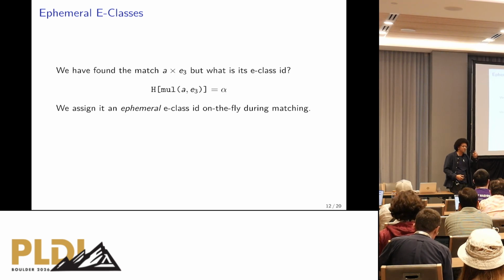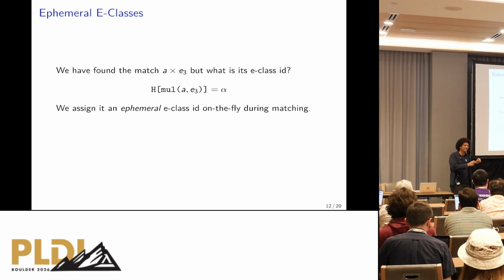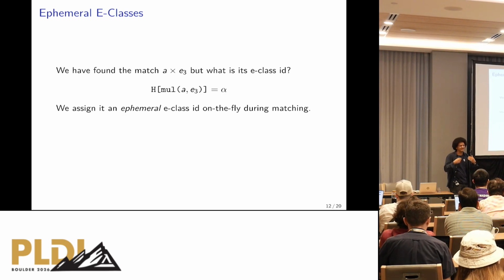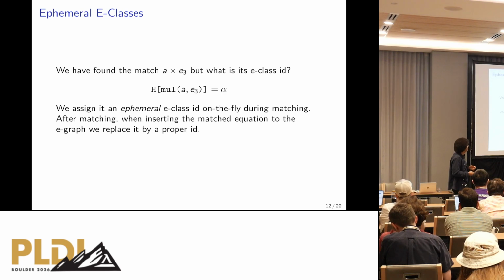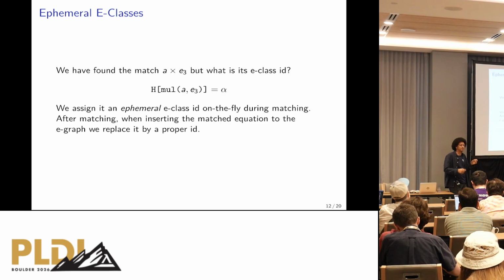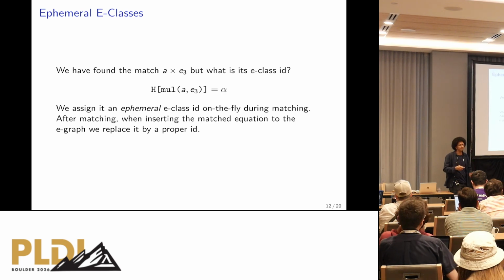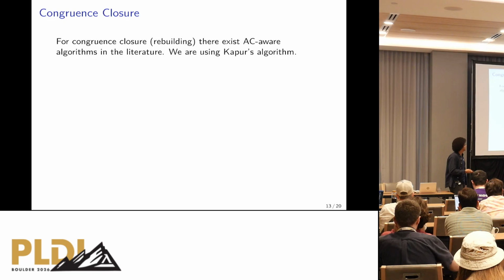These exist from during matching until when we apply the pattern, so when we insert the other side of the pattern. Essentially they just have one bit flipped, and we have to store the e-node associated with each ephemeral e-class ID until we have figured out whether we want to keep this as a match or not.